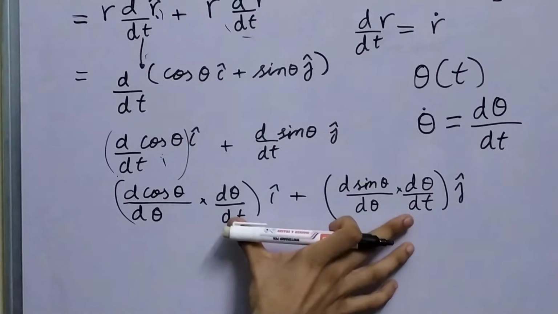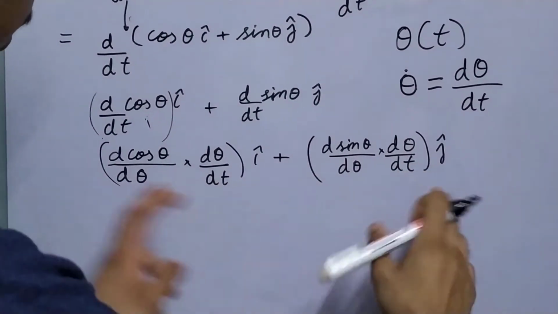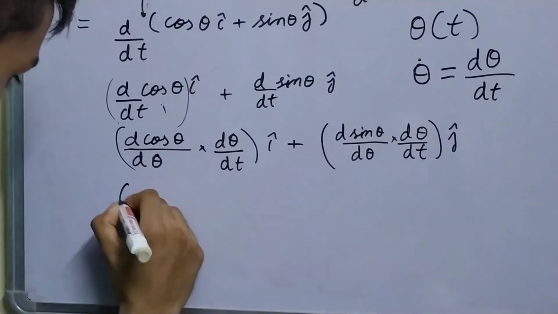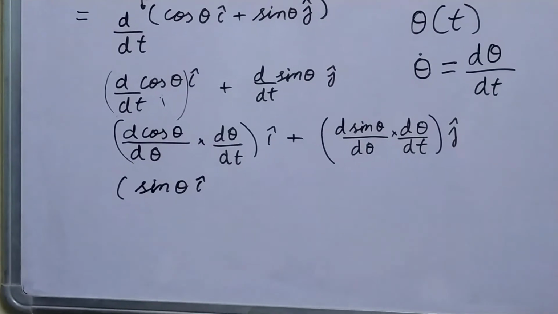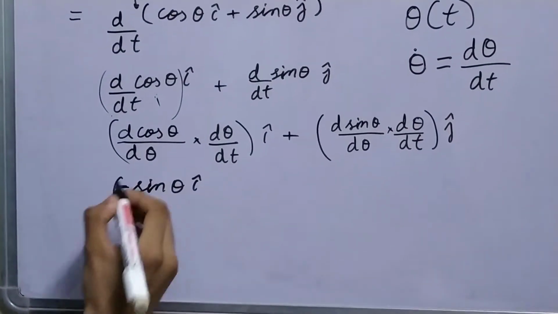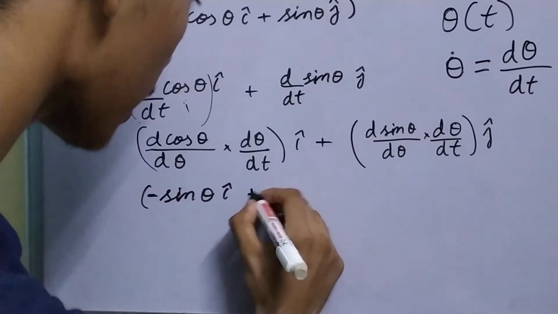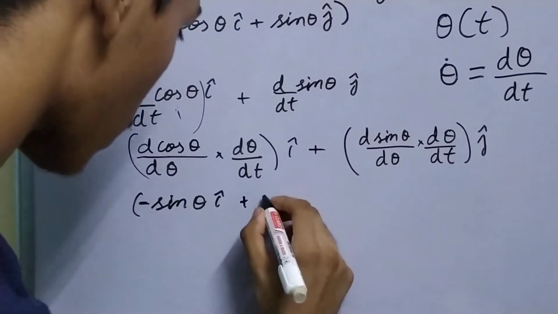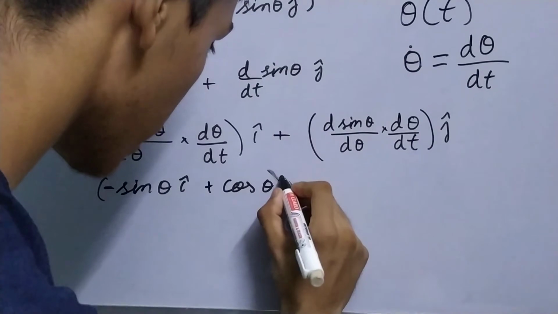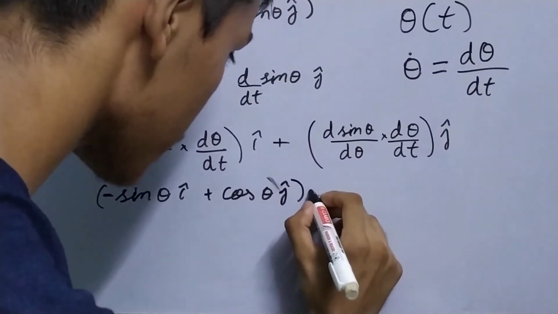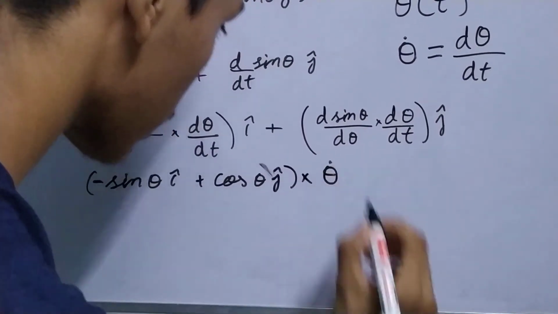So we can take theta dot common from these two terms, and we are left with minus sin theta i cap plus cos theta j cap, times theta dot.